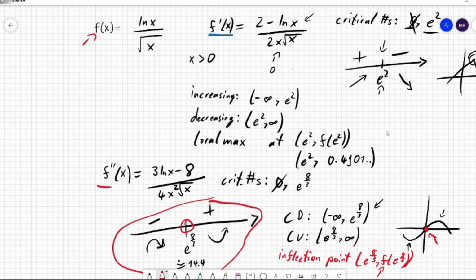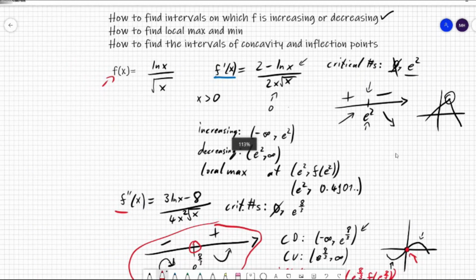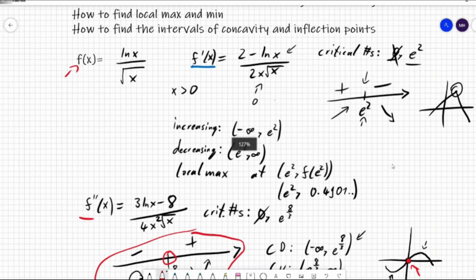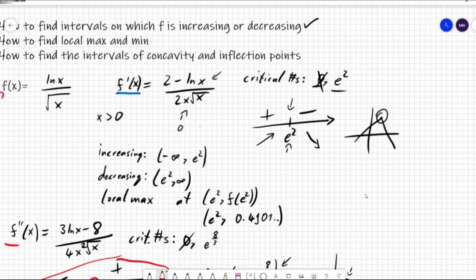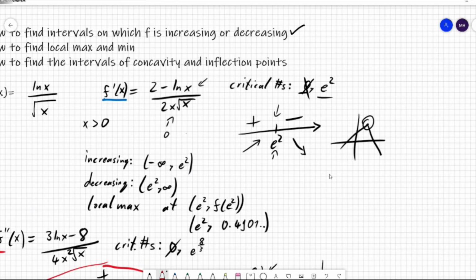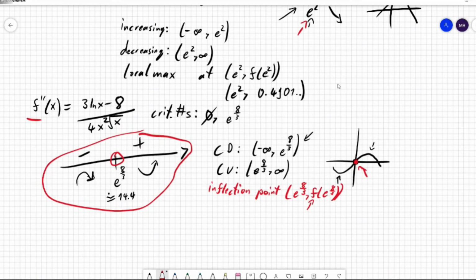There's also one extra thing you could do. Sometimes on tests they won't give you exact numbers, so you have to do this extra thing. If you want to know whether the critical point is a max or min, you can just plug it into f double prime.